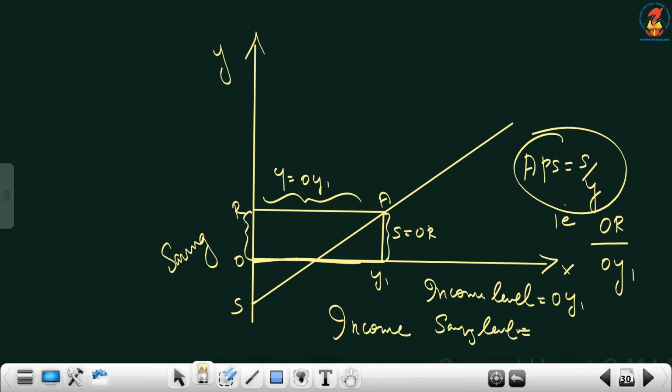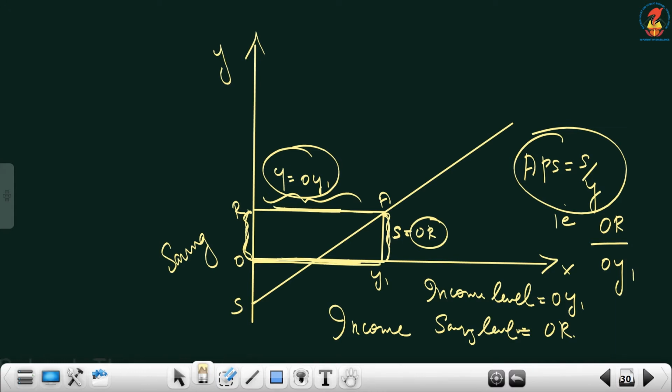OR is the saving level. Now the same can be marked parallelly here. That is why I have written Y is equal to OY1. The same can be marked parallelly here also. That is why I have written S is equal to OR. So saving is OR and income is OY1.